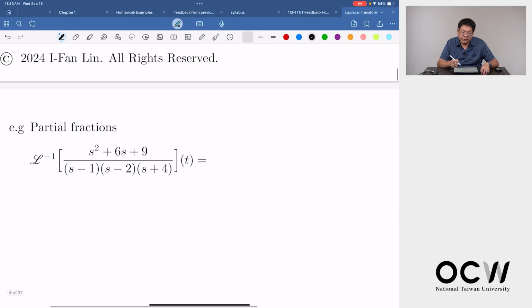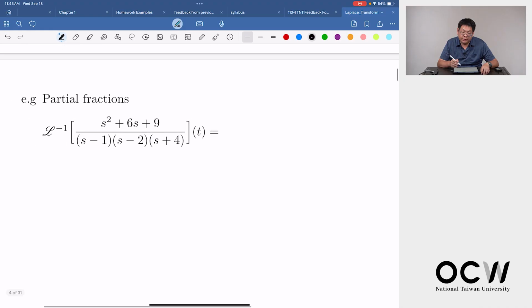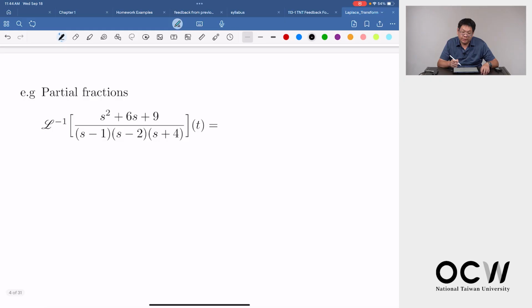The other one is the partial fractions. Okay, so what is the partial fractions? Let's just review this. So for this S domain, I can express this fraction into simple form.